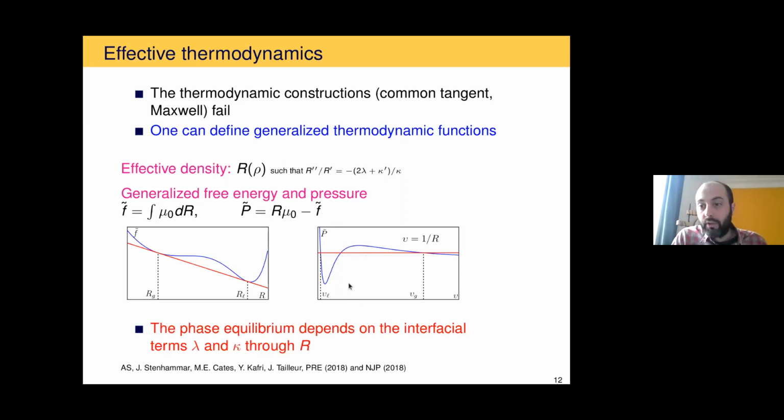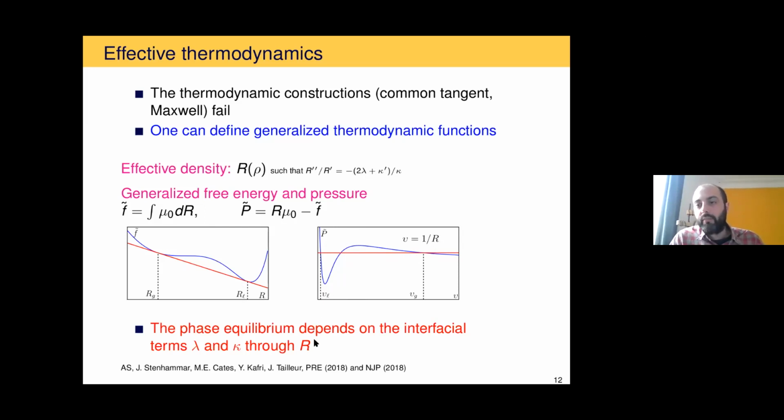So actually, it's similar to the passive case. Now that we have this function, we can determine the phase coexistence in the same way. There is one big difference between the two cases, which is that now the phase coexistence depends on the interfacial term, because inside the definition of R, you have the interfacial term.